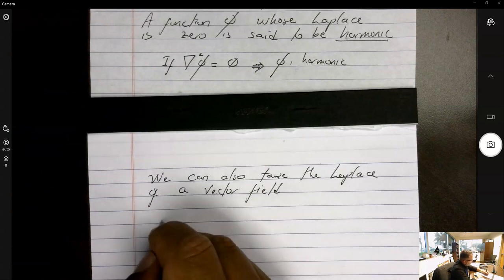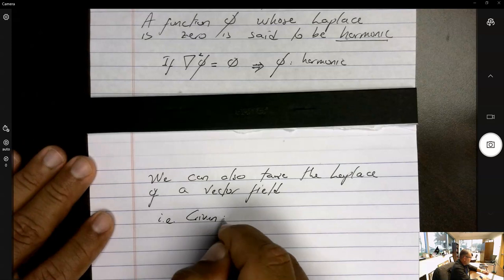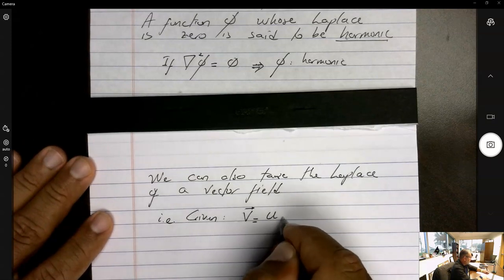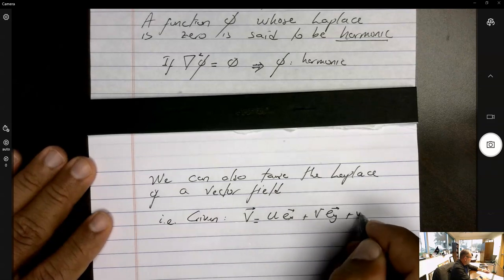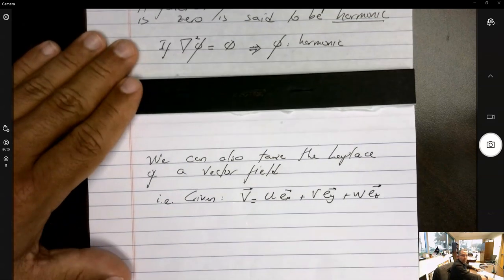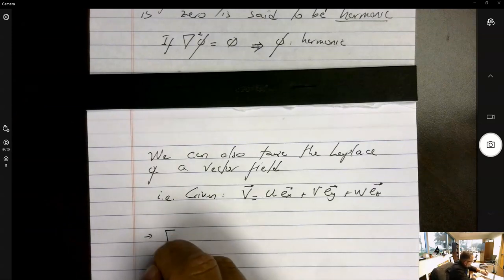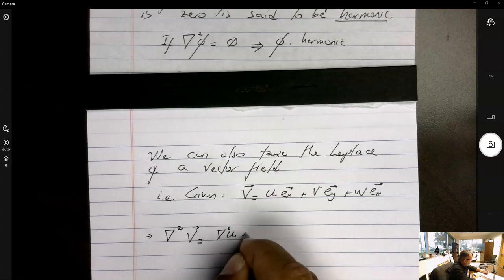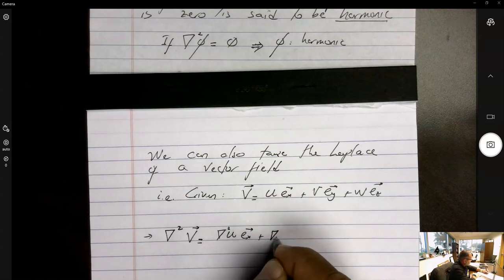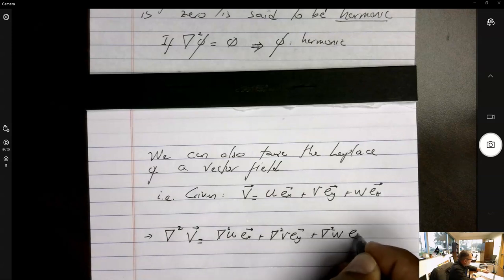But for example, given a vector field v, which is u in the x direction plus v in the y direction plus w in the z direction, let's say that this is a velocity field. We could potentially take the Laplace of v, and that will be the Laplace of u in the x direction plus the Laplace of v in the y direction plus the Laplace of w in the z direction.